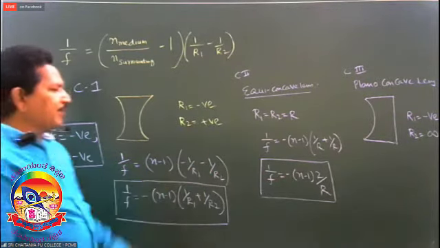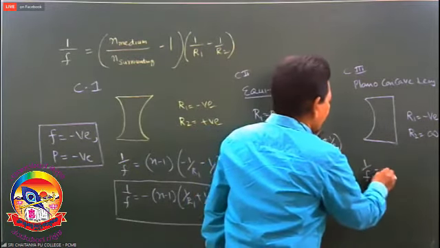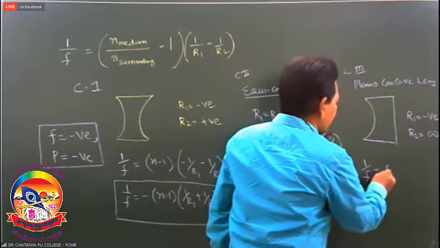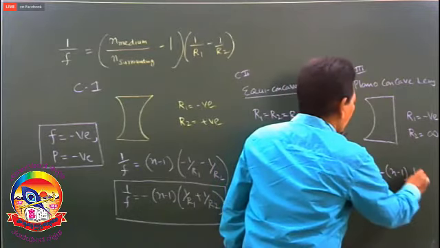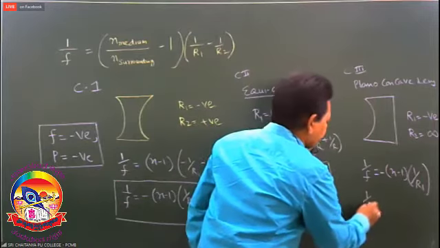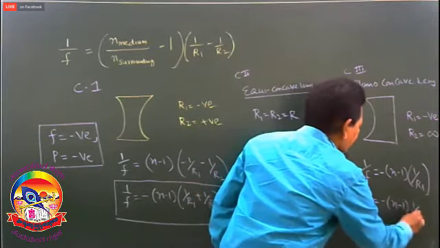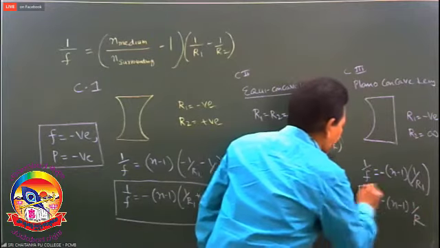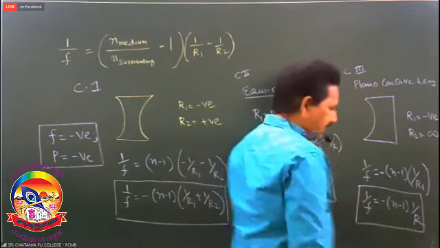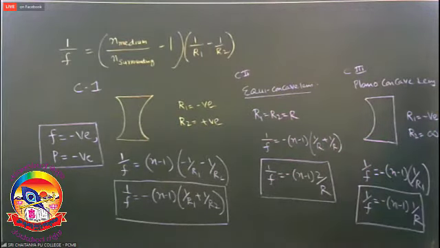Then the only thing left over is 1 by f is equal to minus (n minus 1) into 1 by R1. Suppose the R1 value is R. 1 by f is equal to minus (n minus 1) into 1 by R. This is the expression for the focal length of the plano-concave lens.